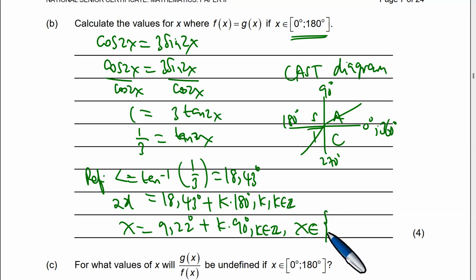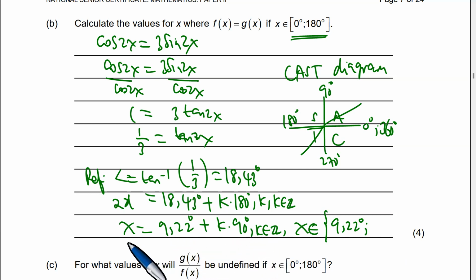If k is 0, 90 times 0 is 0, and then you're left with 9.22 degrees.